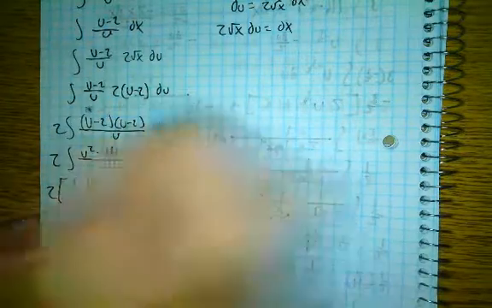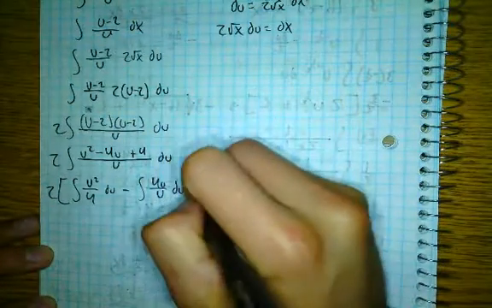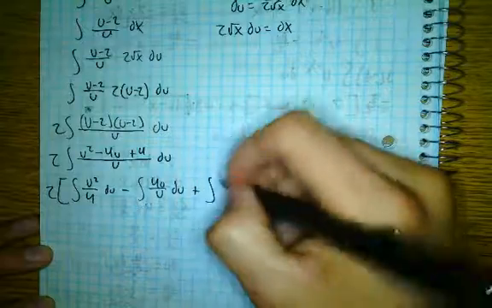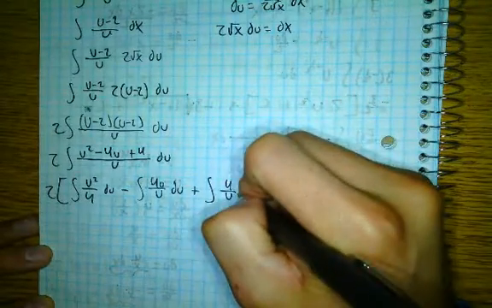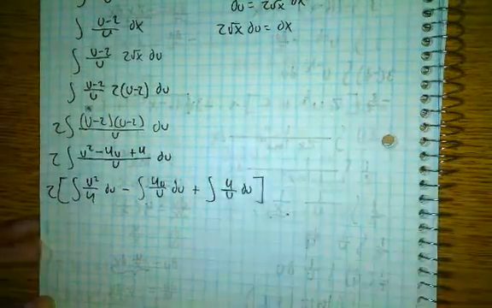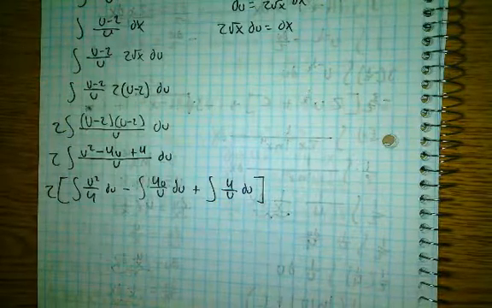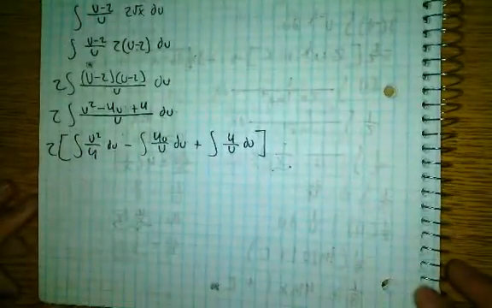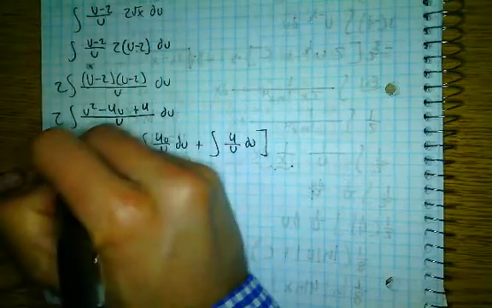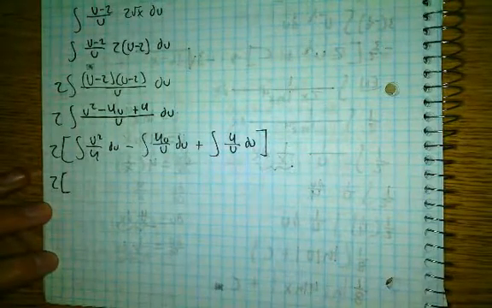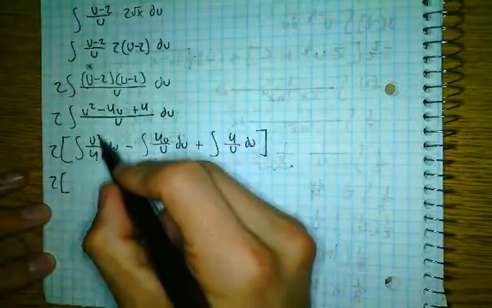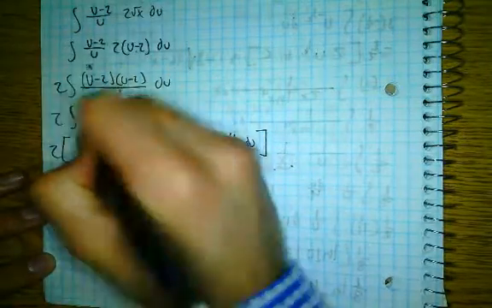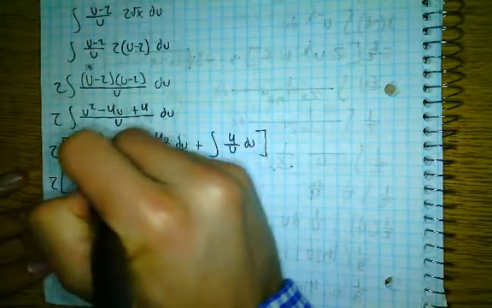Okay. Then you have 2 times, well, what's u squared over u? U. So the integral of u du minus 4u over u is the integral of 4 du plus, well, that's not going to change, so it's 4 over u du, right?